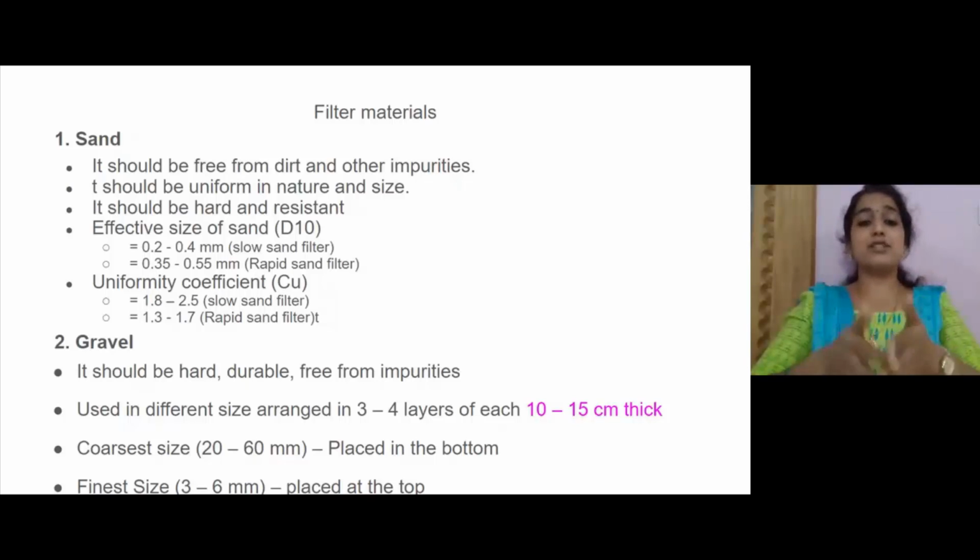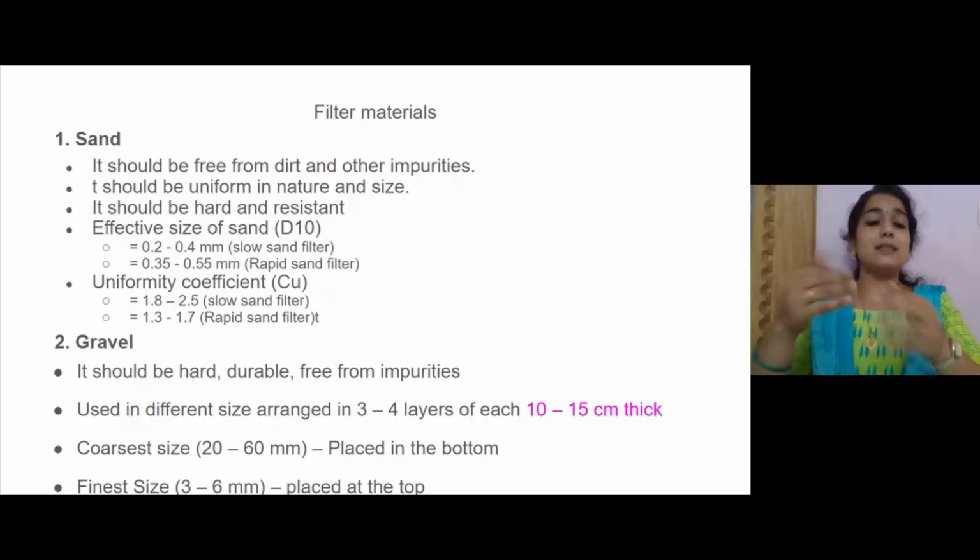The effective size of sand, that is D10, should be 0.2 to 0.4 mm for slow sand filter and 0.35 to 0.55 mm for rapid sand filter. The uniformity coefficient CU should be 1.8 to 2.5 for slow sand filter and 1.3 to 1.7 for rapid sand filter.